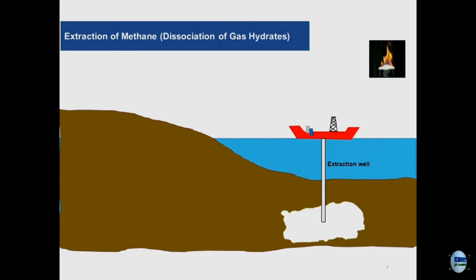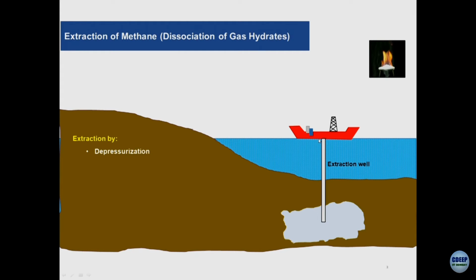Now, once you start extracting something, first of all, extraction cannot be done as long as the system remains in the frozen state. So, what you have to do is, either you have to dissociate it, and for dissociation you have to do different types of techniques. So, extraction is by depressurization, release the pressure which the system has because of the natural conditions, and the natural conditions are because you have so much of water column, the depth of the sediments is this much.